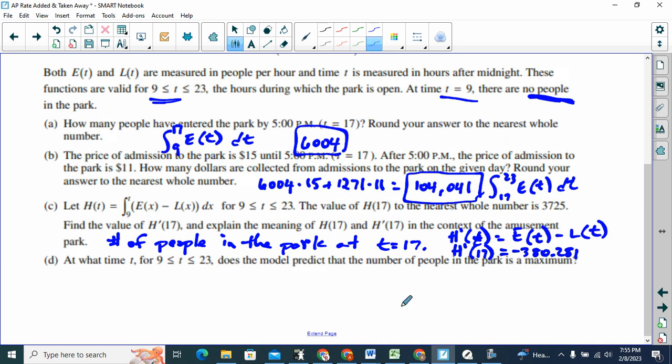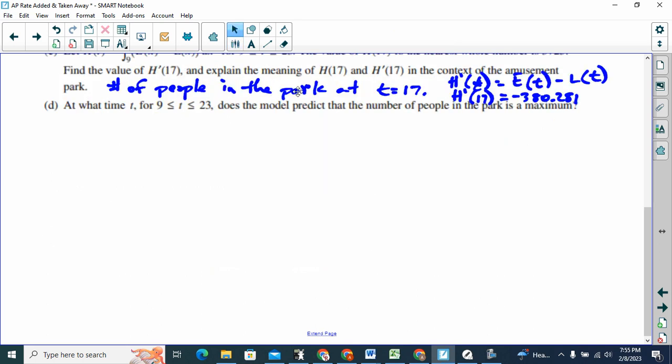And then finally, part D, at what time does the model predict the number of people in the park to be a maximum? We need the number of people in the park to be a maximum. Remember, maximums and minimums occur when the derivative is 0, when the overall rate of change is 0.